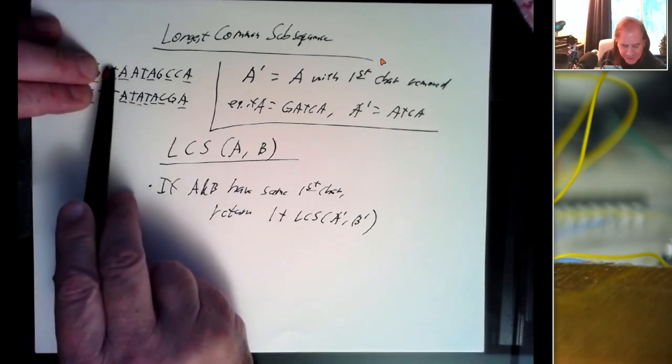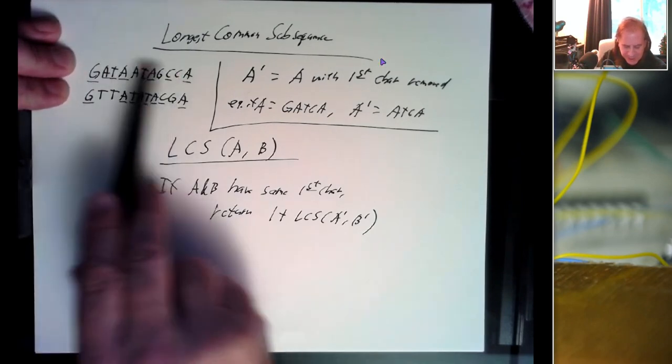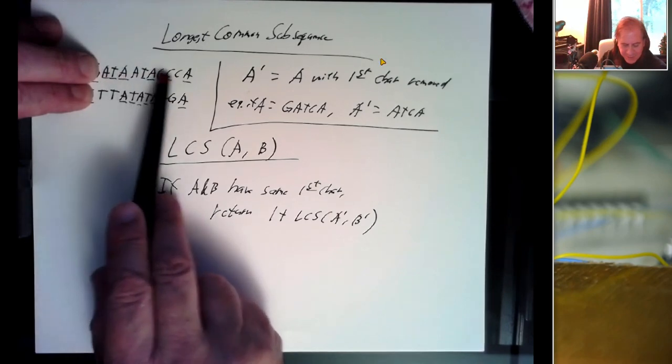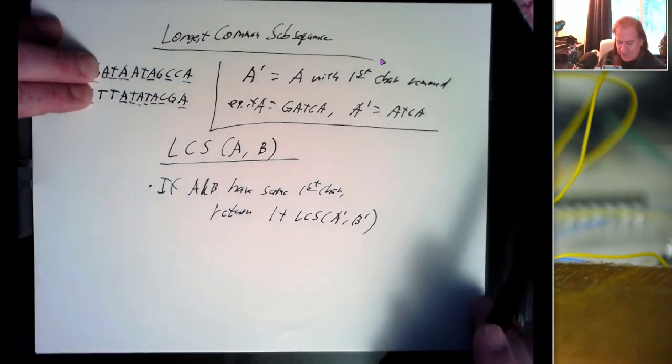Because whatever the longest common subsequence is between these strings, it's certainly going to be a string that starts with a G and is followed by the longest common subsequence of these strings.